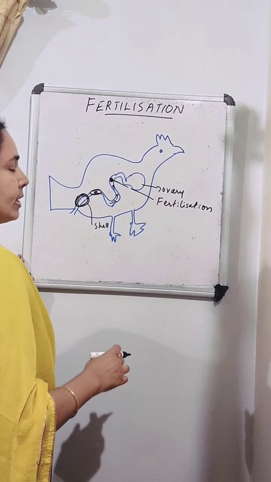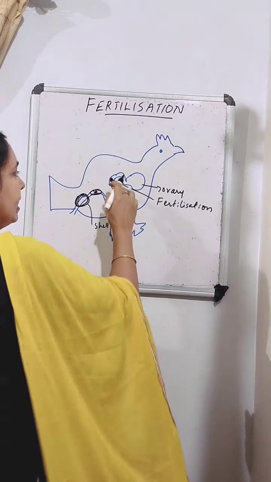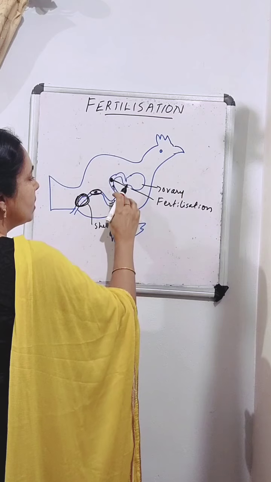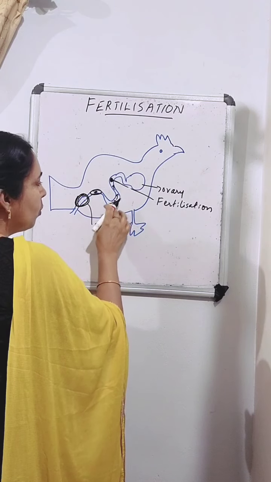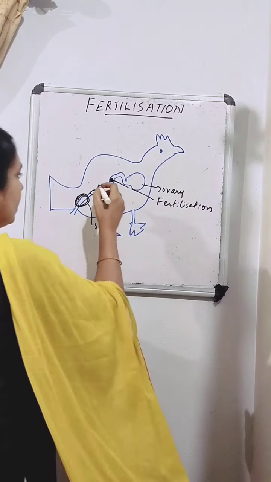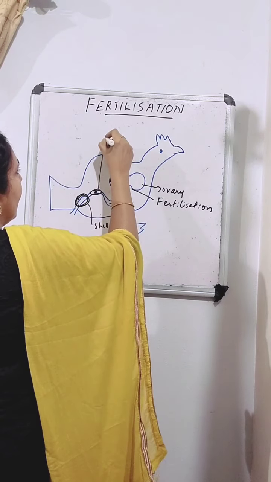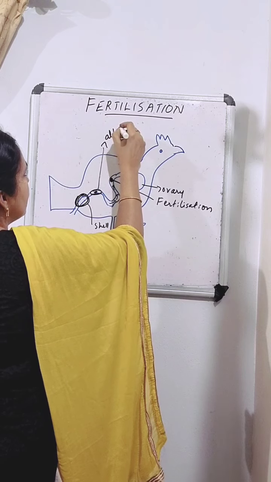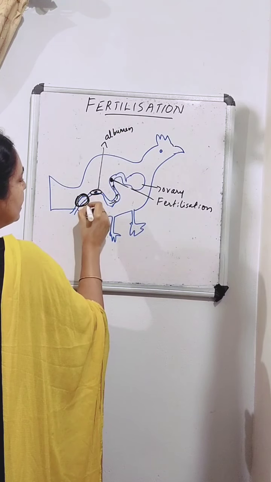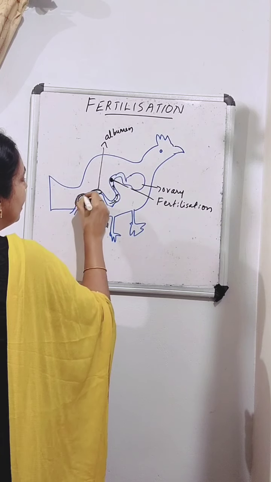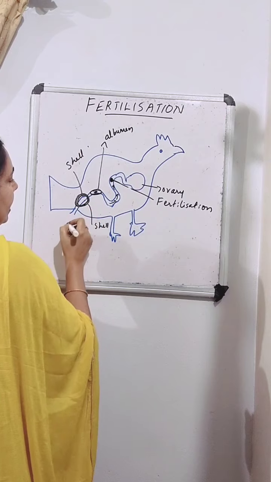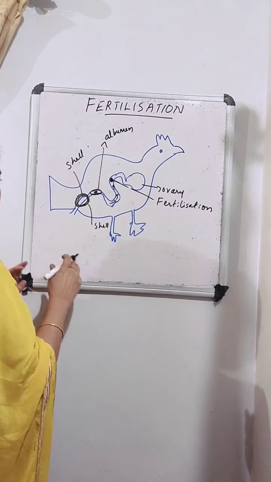Then after fertilization, the fertilized cell will move through the oviduct, and many layers develop around it. You can see egg white, albumin and all get deposited around the egg. And again when it moves, a hard shell is developed around the egg, and after that the egg is laid by the hen.